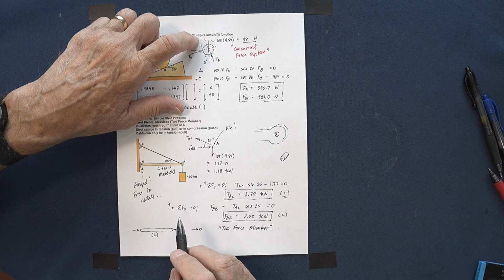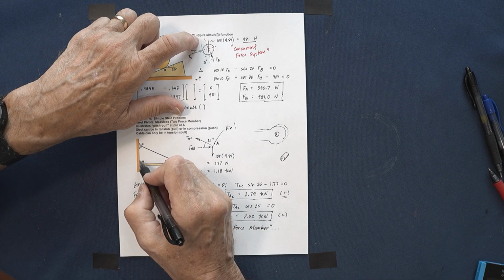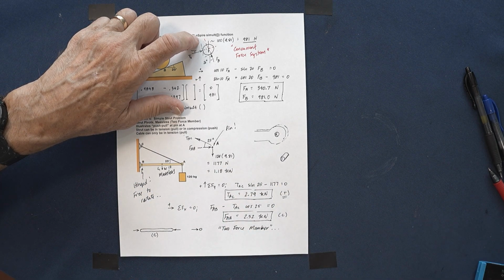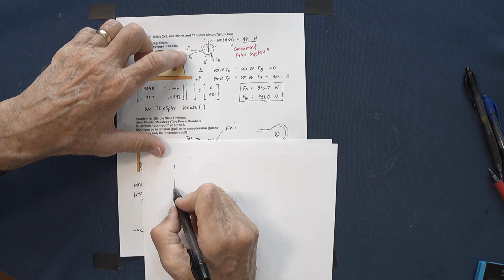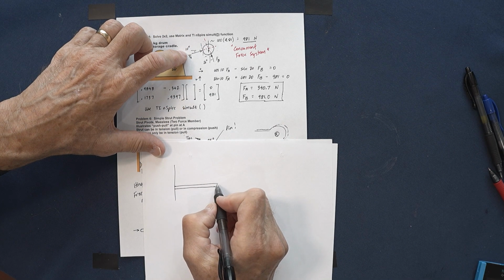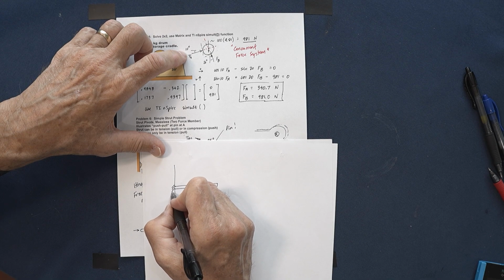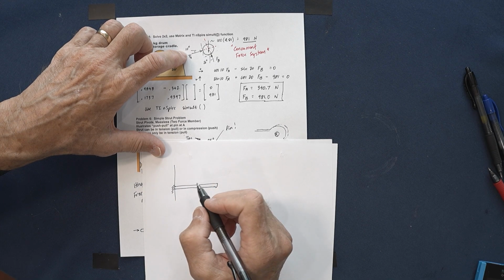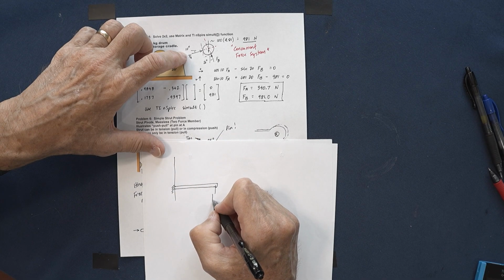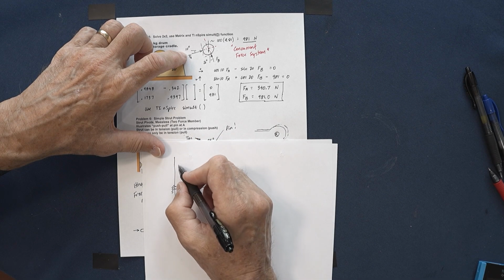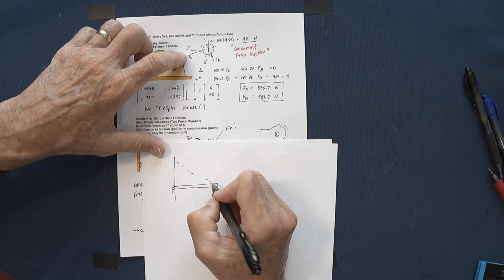And with those assumptions, we can say that this guy only pushes on the pin, and the pin only pushes on him. If this guy had a fixed support here at B, in other words, if you had a wall here and this strut coming out, and he was fixed here, not a pin but rigid, then you can hang this weight from this guy and you would not need the cable at all.